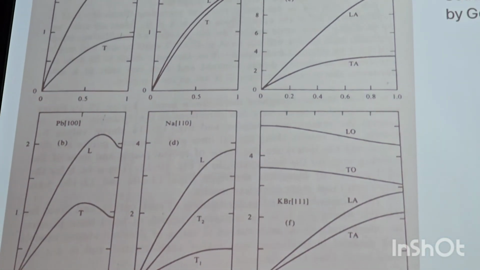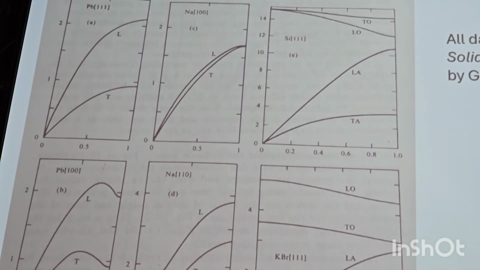Lead, for example, is cubic and it's monoatomic. The basis contains just lead because there's only lead. So it must have 3 branches, and all of them will be acoustic. So there is one longitudinal branch and 2 transverse branches which are kind of superimposed onto one another.